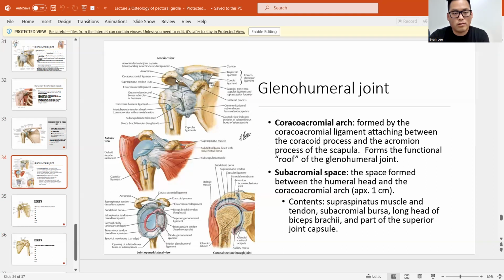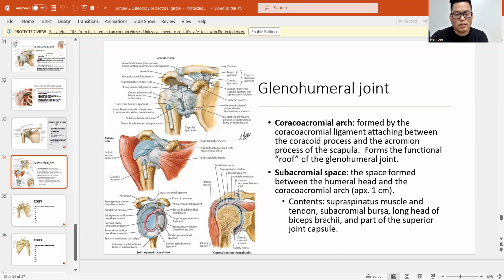The coracoacromial ligament, you'll be able to see going across here, and that's going to be this roof or arch. That's going to be forming this little space right here underneath it. So this is going to be the coracoacromial arch formed by the coracoacromial ligament. And then this space right here between the glenohumeral ligaments and this ligament is where stuff like the supraspinatus and other things are going to be located.